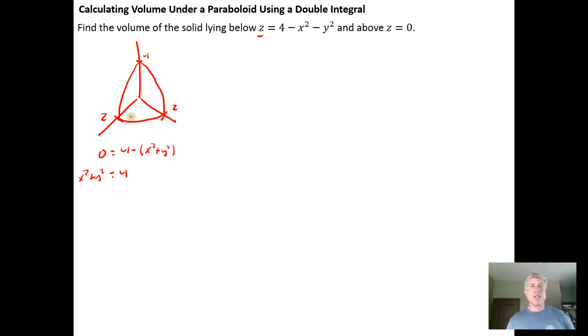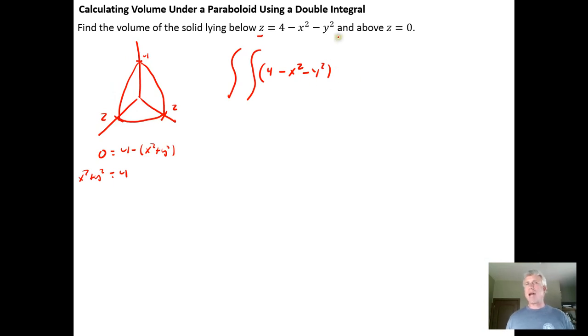So if I want the volume under the surface, I need the double integral, and I need the surface under which I'm finding the volume, so that's 4 minus x squared minus y squared, and I can do either dy dx or dx dy.